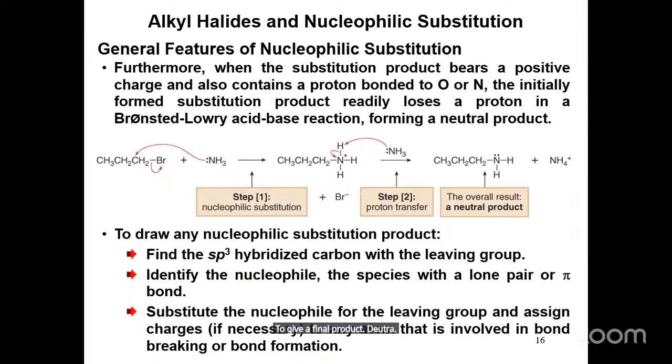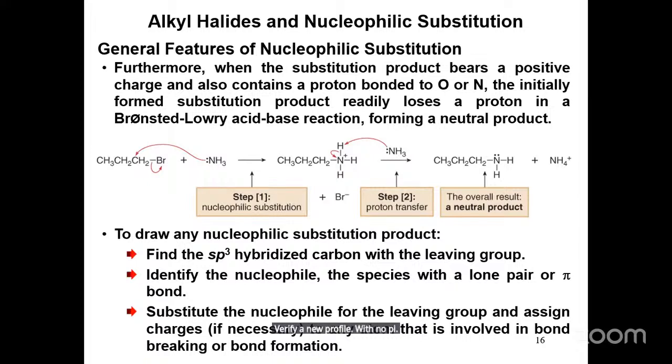Now, in order to draw the product of your substitution reaction, we must identify the sp3 hybridized carbon with the leaving group. We identify the nucleophile, that is the species with the lone pair.